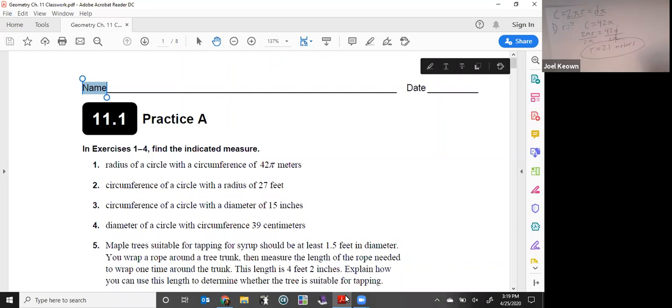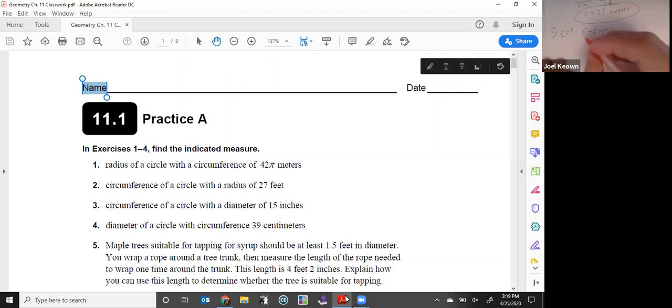Number 2. This is find the circumference of the circle. So this time I'm finding the circumference when the radius is 27 feet. Again, circumference is 2 pi r, and then I'm going to plug in my radius.